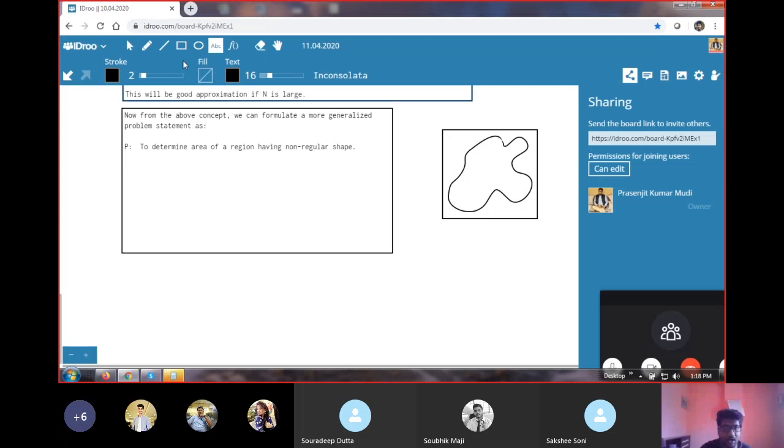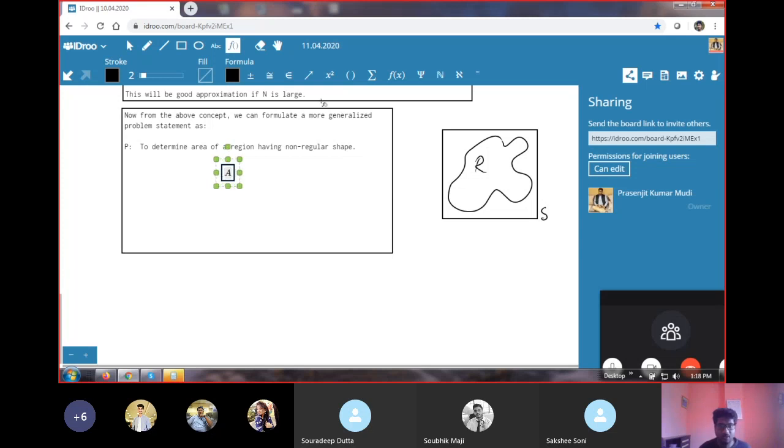So this is the region R, for example, and this is your square S. In this case, the area can be found in this way.